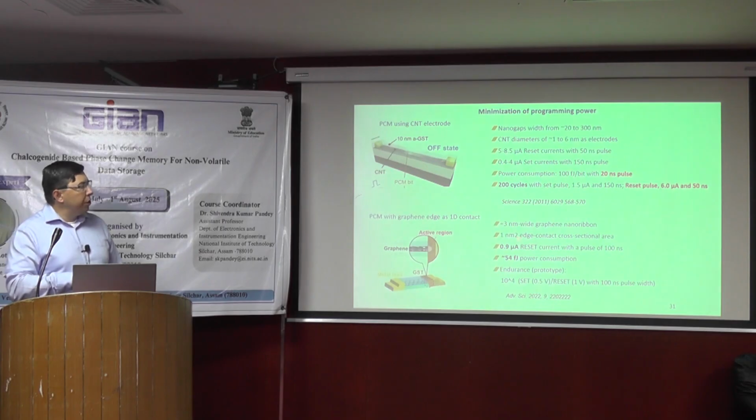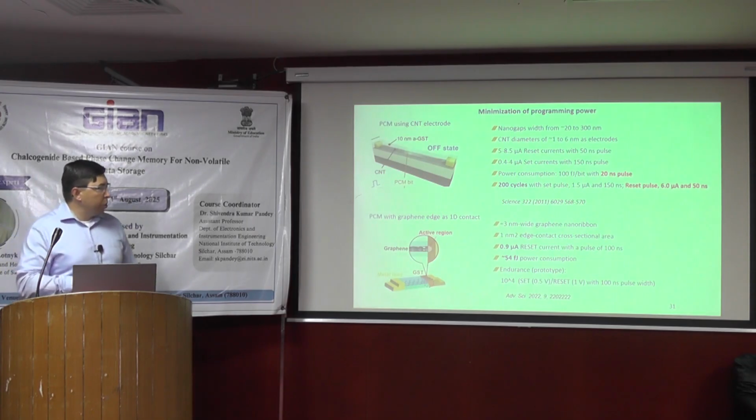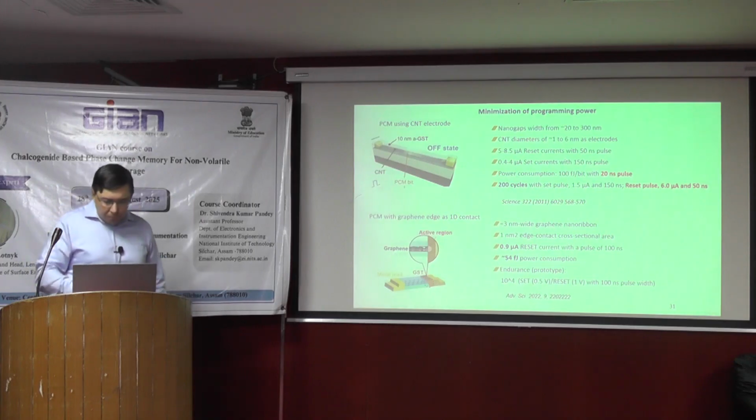Here again you can reach very small reset currents with a 100 nanosecond pulse, very low power consumption, and the endurance here is also nice, 10 to the 4, and of course it should be improved.